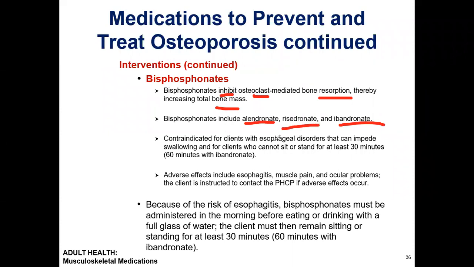The contraindication is for clients with esophageal disorders that can impede swallowing, or for clients who cannot sit or stand for at least 30 minutes.